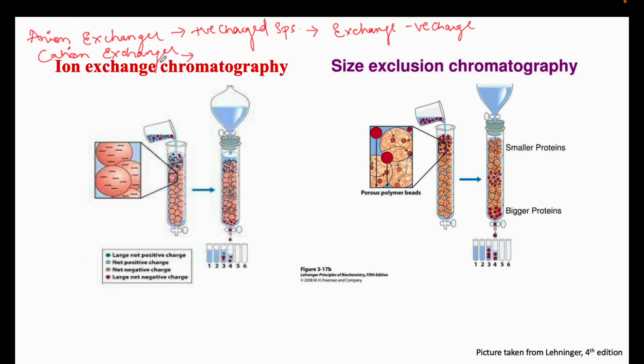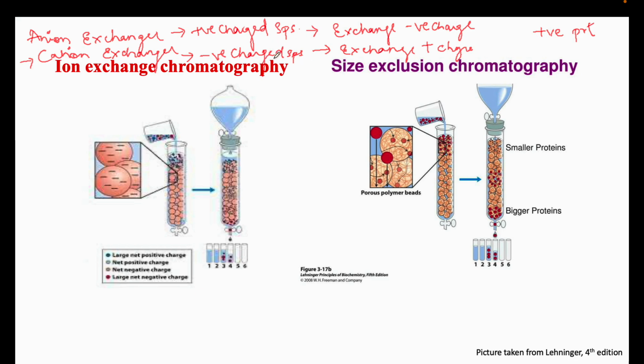Whereas cation exchangers, similarly, they themselves are negative charged species, and they'll exchange a positive charge. Okay, so if I wanted to collect a positively charged protein from a sample, use cation exchanger, because this my protein is positively charged.